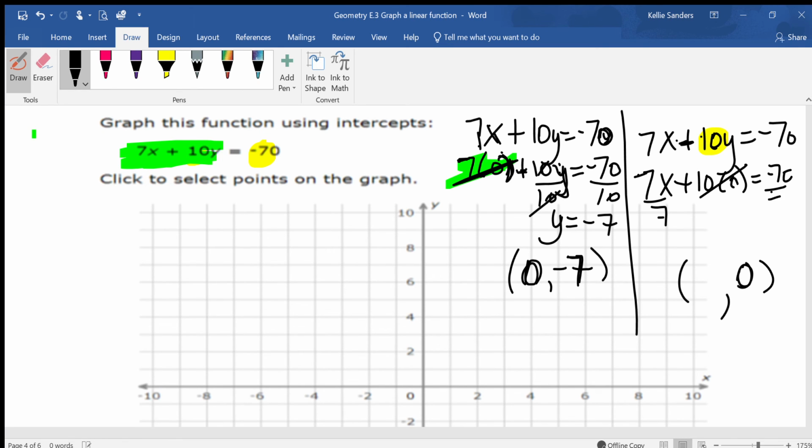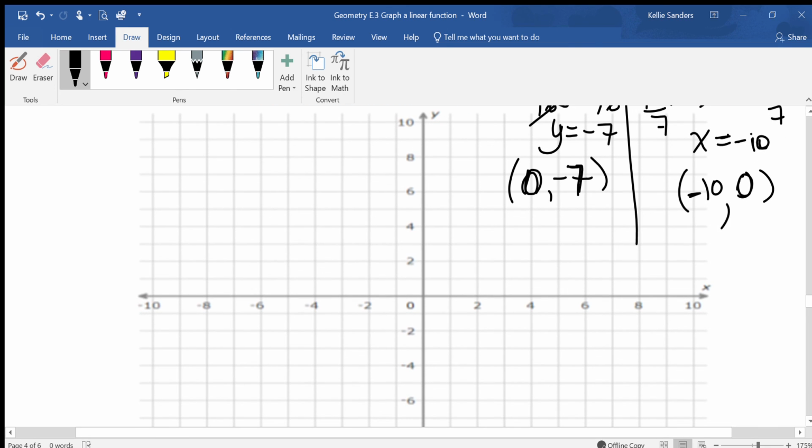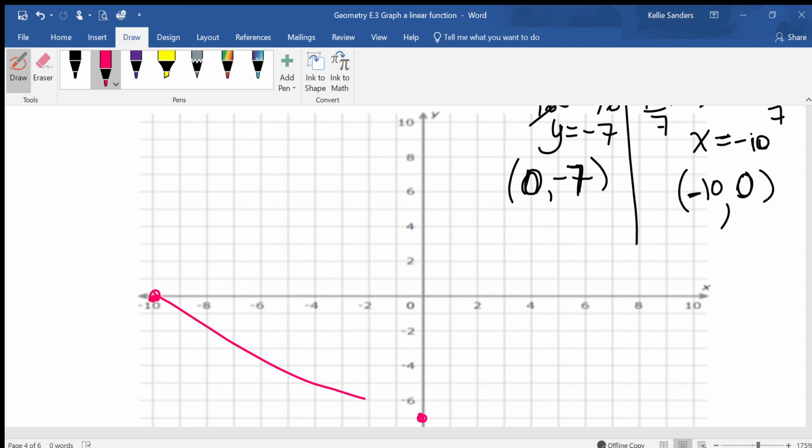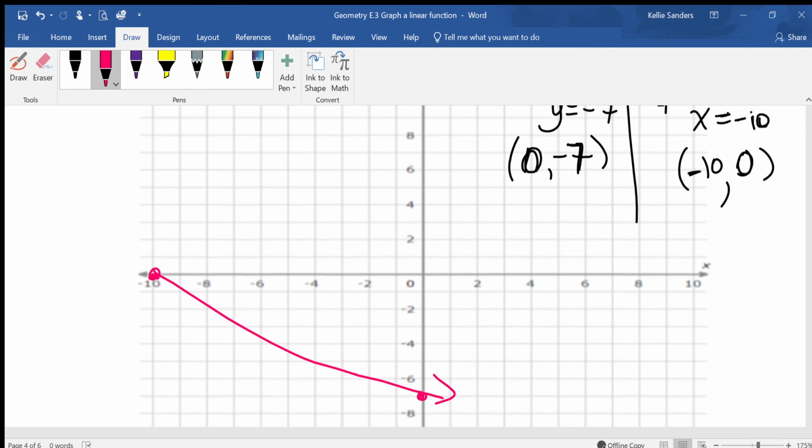We divide by 7, and x equals negative 10. And look what we have. We have 2 points, and 2 points always makes a line. So 0, negative 7 is right there. Negative 10, 0 is right there. And IXL will make that line for you. It's so fun. I love it.